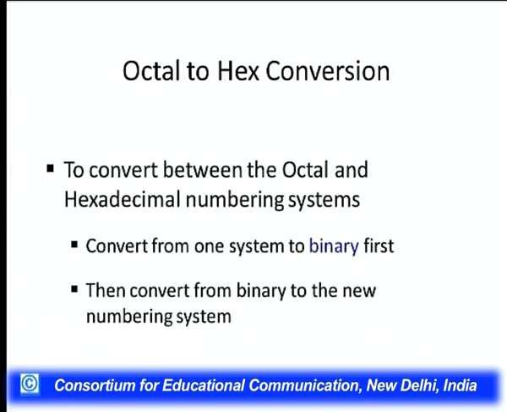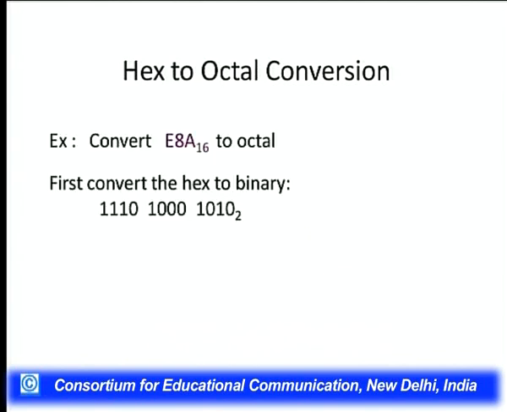So from octal to hexadecimal also, the same method is used: you convert from one system to binary and then from binary to the new numbering system. For example, if you have to convert this number E8A, which is a hexadecimal number, into octal, the first thing you do is convert each of these digits of hexadecimal into binary.